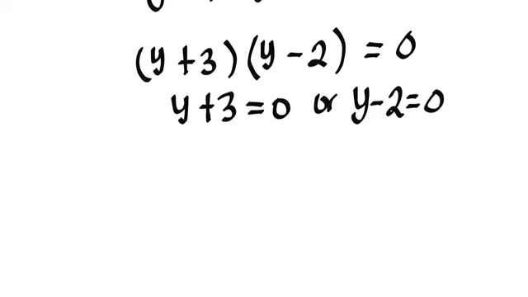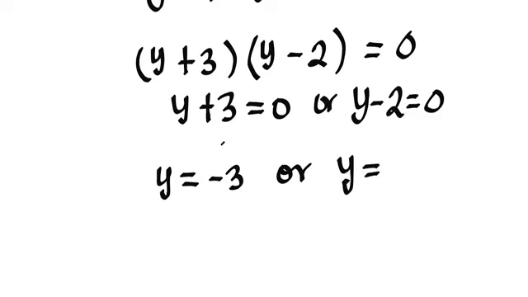We're going to have y equals -3 if we transpose this to the other side. We also have this one here, y equals, if we transpose -2 to the other side, +2. So therefore we're going to have 2 here.